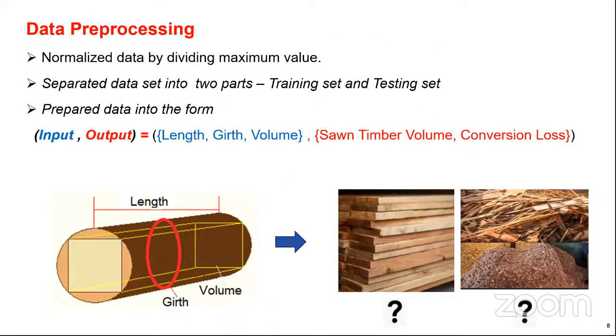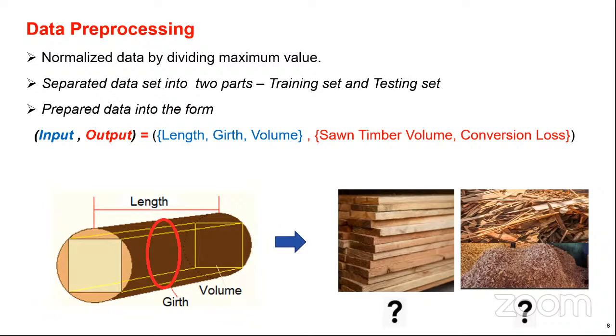Before using ANN technology, we should pre-process the collected data. As the first step, collected data were re-scaled into the range between 0 and 1 by dividing by the maximum value of the relevant variable. Next, we separate the dataset into two parts called the training dataset and the testing dataset.